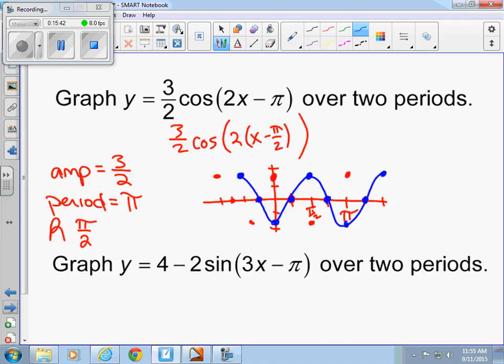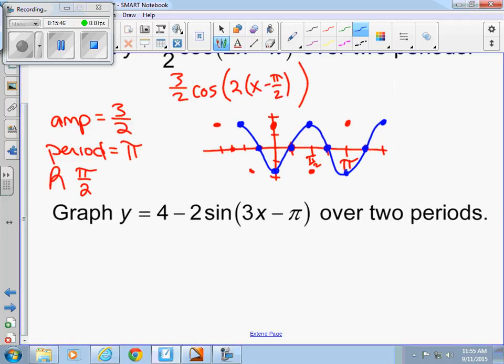Okay, let's look at the next one. And the next one is a little bit tricky. Some textbooks do this. I'm not sure why they do it, but it seems to get students a lot. Why do I say this is a little bit of a tricky one?